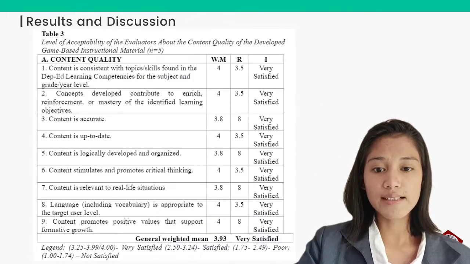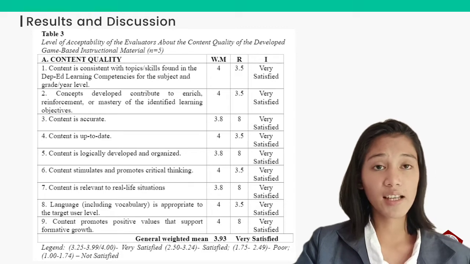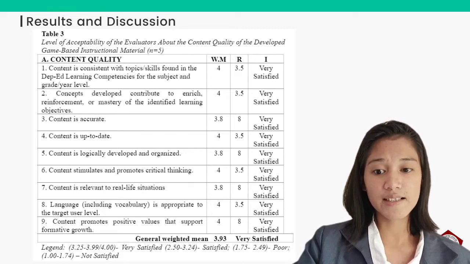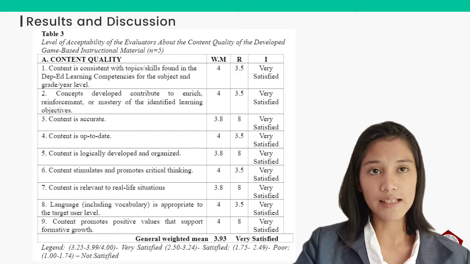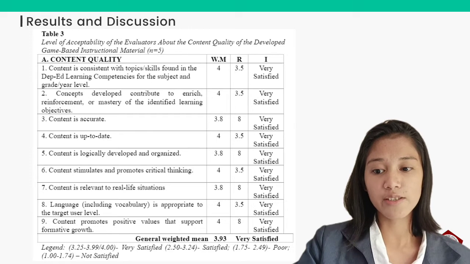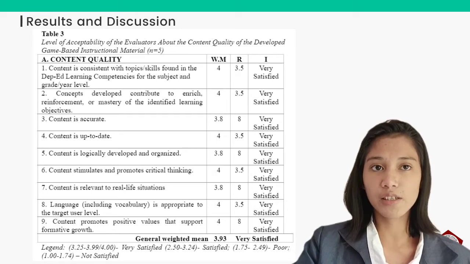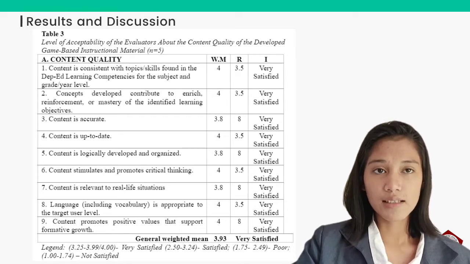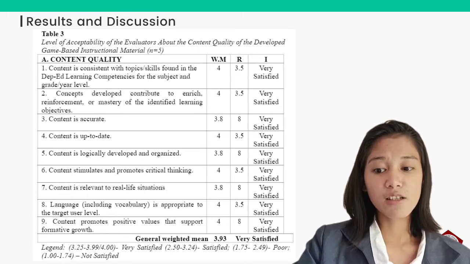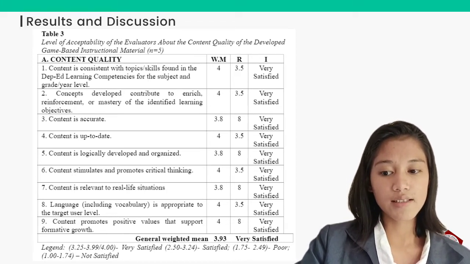The first one is the content quality, and the indicators are: content is consistent with topics or skills found in the depth of learning competencies. Concepts developed contribute to enrich, reinforce, or mastery of the identified learning objectives. Content is accurate. Content is up-to-date. Content is logically developed and organized.